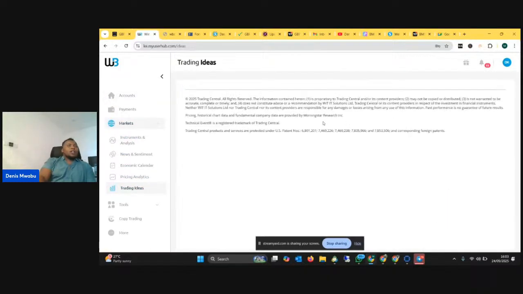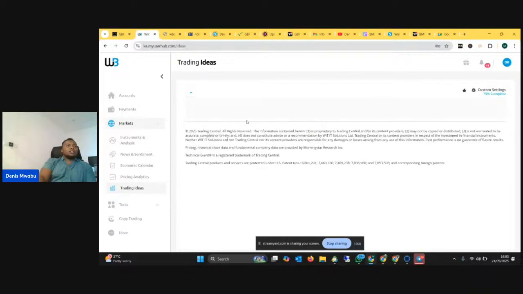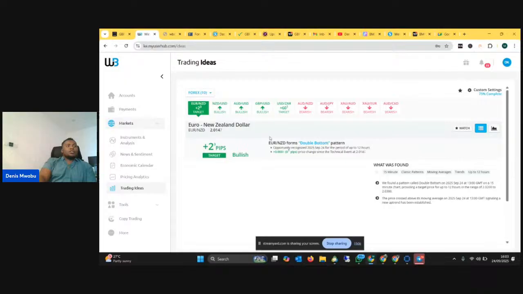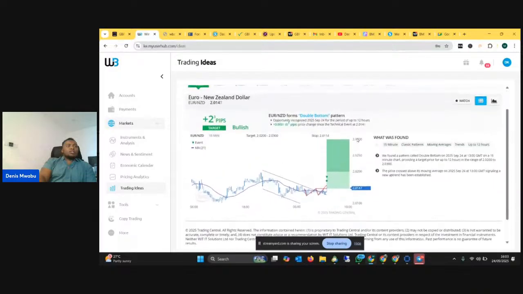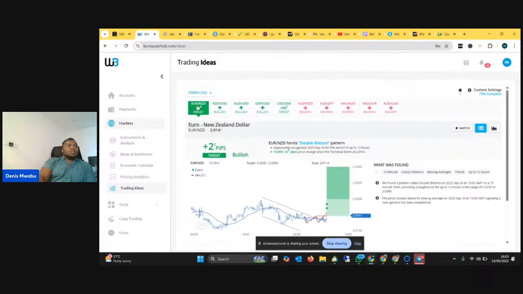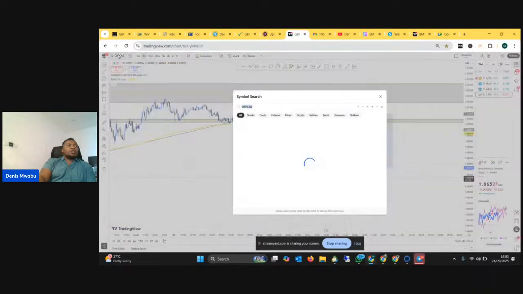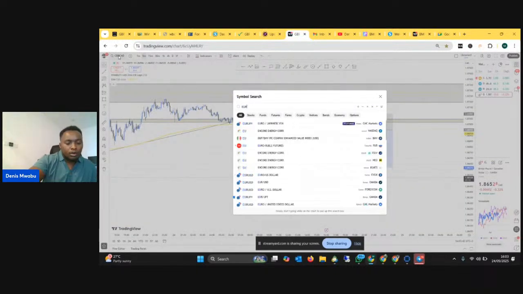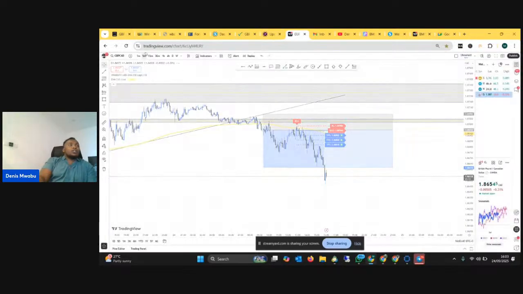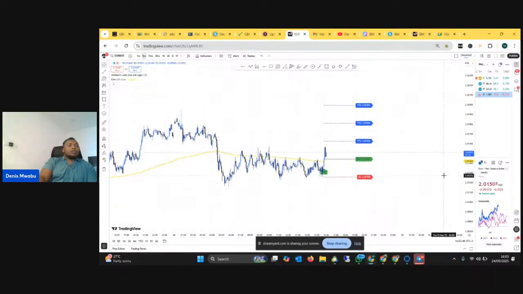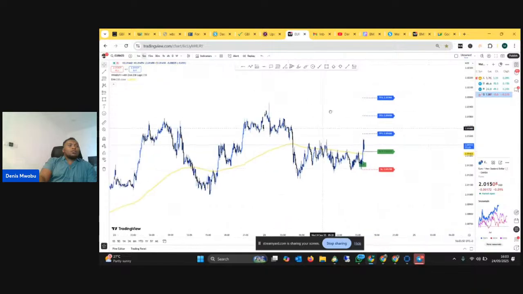The tool we are using is the Winsor Trade Idea and Analysis System. What it does is scan the markets for us. For example, you can see these are trade ideas that have actually been scanned. If you take a look at Euro NZD, all you need to do is combine it with the BMM version 2 and look at what is happening. I think right now we already have a trade.